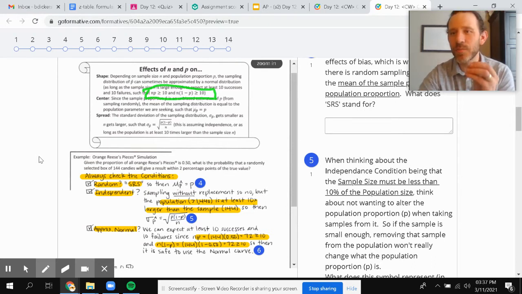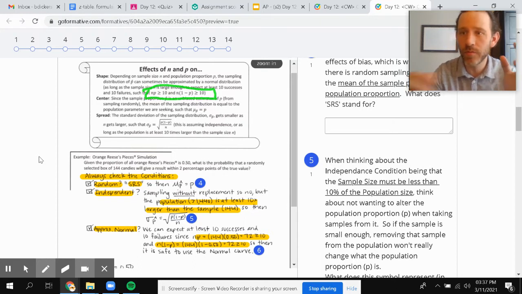What is this based on? It's based on looking at proportions, and looking at outcomes that have only two options. Either you have a proportion that has something and a proportion that doesn't, we call it a proportion of success and a proportion of failure.